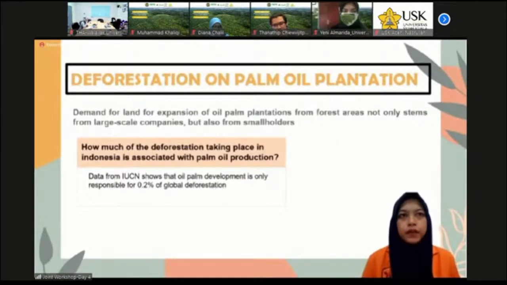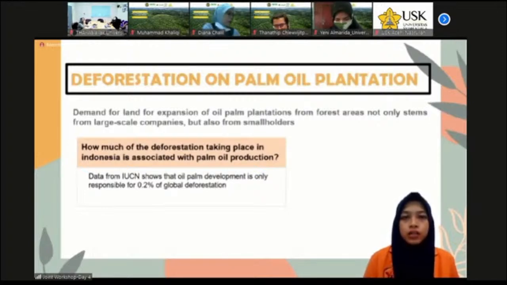Demand for land for the expansion of oil palm plantations from forest areas comes not only from large-scale companies but also from smallholders. Research from 2014 mentioned that smallholder plantations caused the reduction of forest area and carbon content.